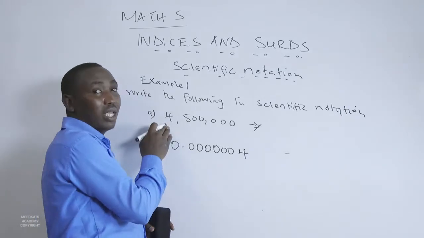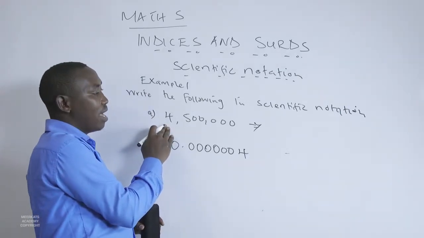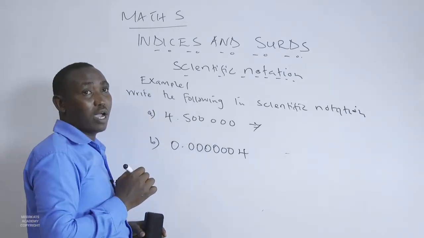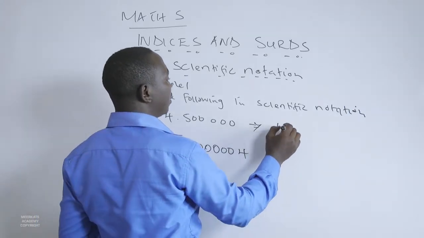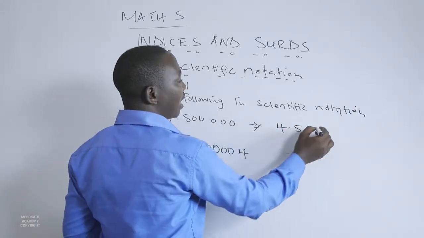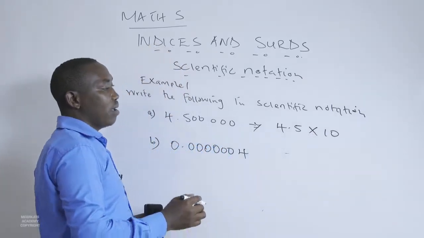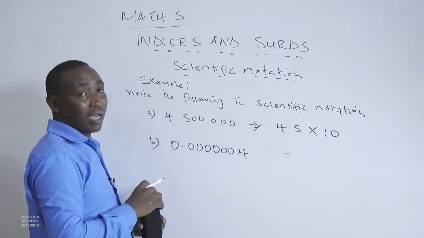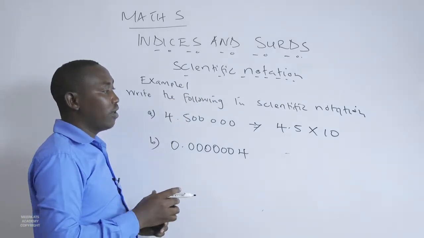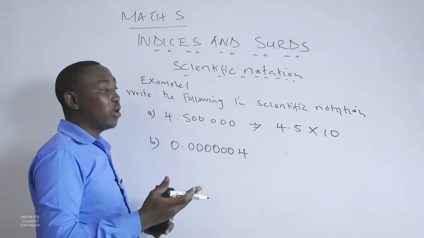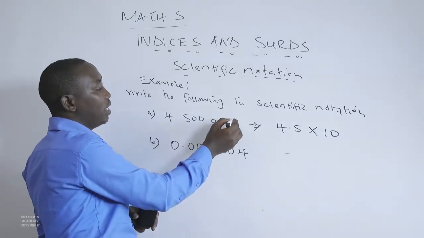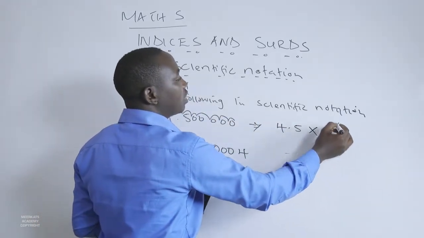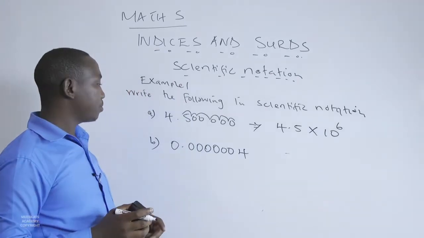So 4 is a non-zero value, and that means our decimal place should be between 4 and 5, and therefore this gives us 4.5 times 10 raised to, because we are counting the number of decimal places back, it's going to be positive. And of course, this is a very big number, so the power is positive. So this will be how many places? 1, 2, 3, 4, 5, 6. So it will be raised to positive 6.